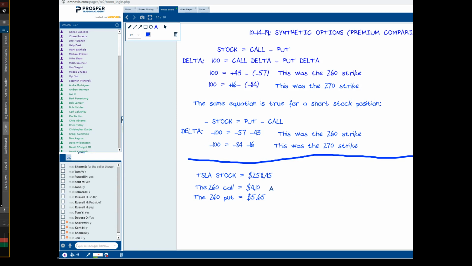Okay, so this call option then has zero intrinsic value. It's all extrinsic, or premium. So there is $4.10 worth of premium.